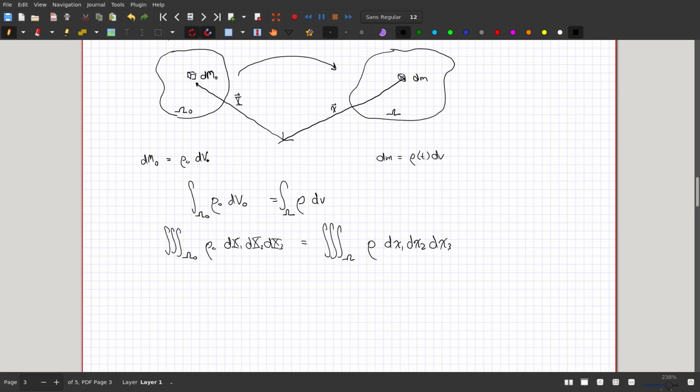Does anyone remember from vector calculus how you could do a change of coordinates in an integral?